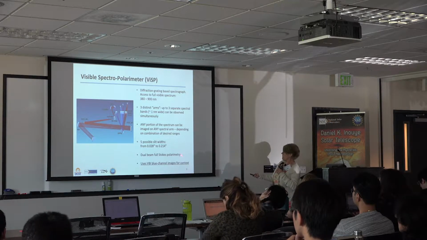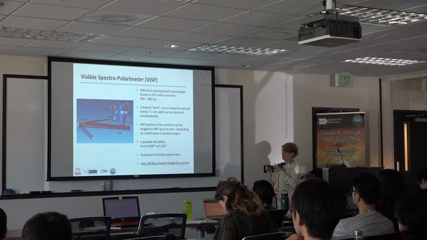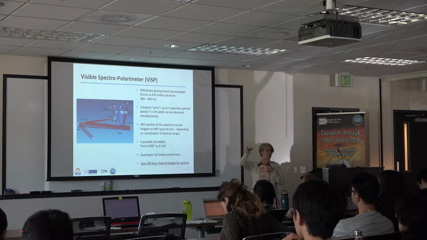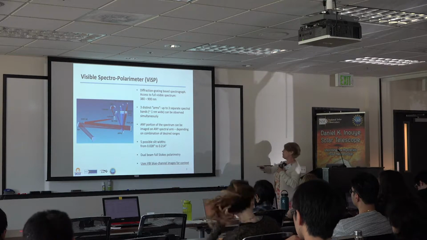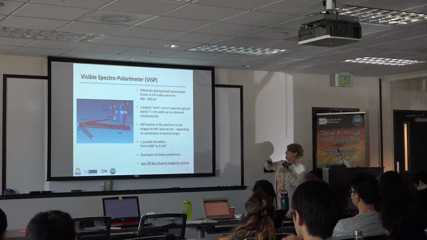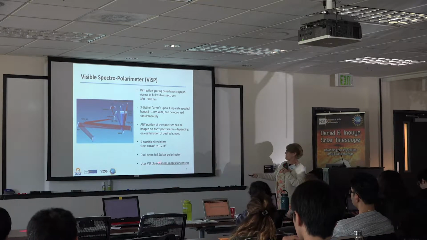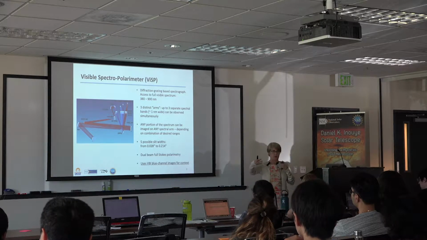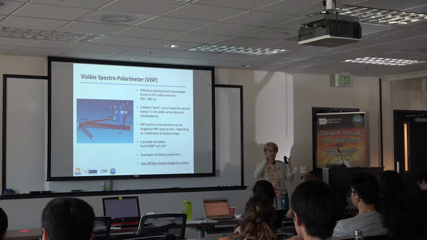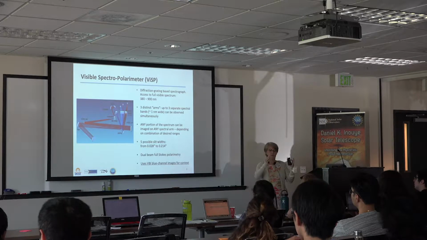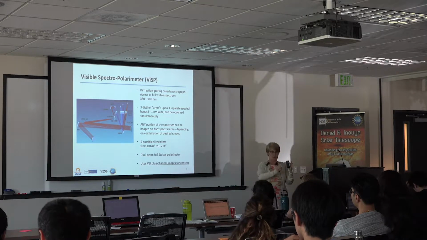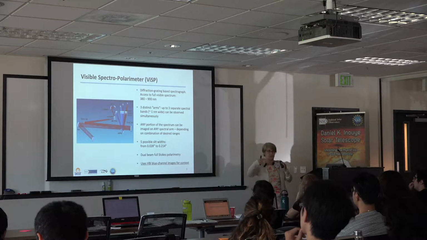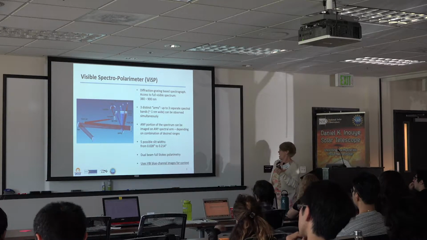It's a dual beam polarimeter, so that at once it images the I plus Q, I minus Q, or whatever combination of the Stokes parameters you're doing. And that means the split is done in the wavelength direction, so that if your detector is this long and the spectrum will be 20 angstrom, you really can use only 10 angstroms, because the other half of the detector is devoted to the other state of polarization.